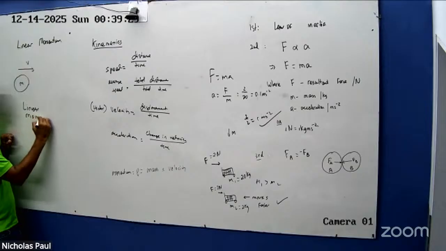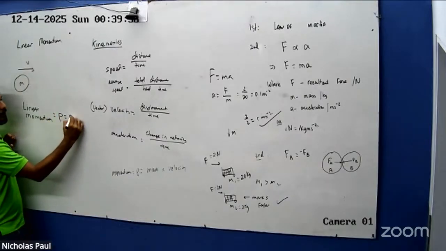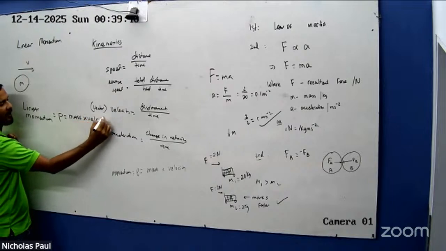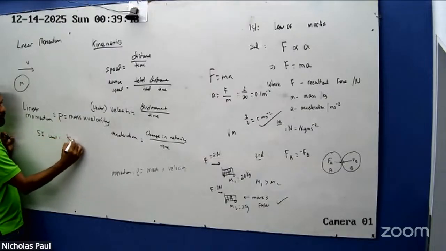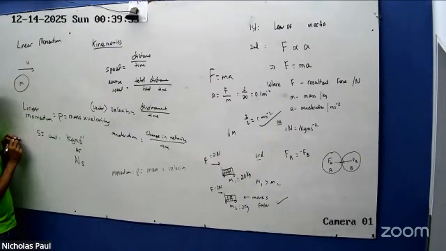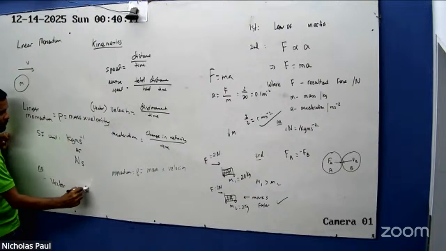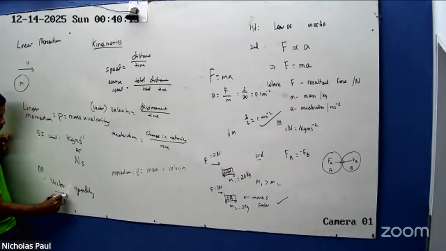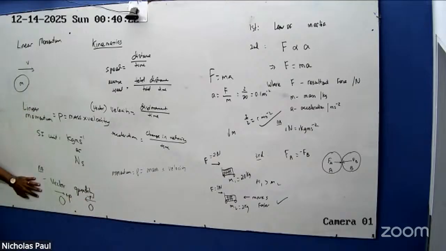The linear momentum of an object is the product of its mass and velocity. And please note that it is a vector quantity. Copy this down.